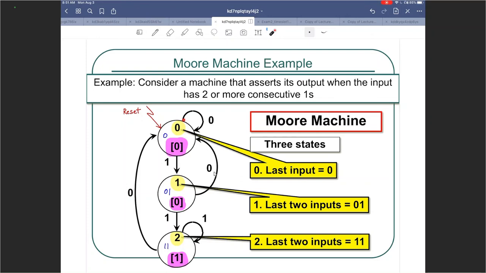If you continue to have zeros there, you stay at that state. Self loop. If you keep getting zeros on the input, you stay in that state. But if you get a 1, you move to got 0 1 because that's what you are. You were at 0, you got a 1, you move to the got 0 1 state.